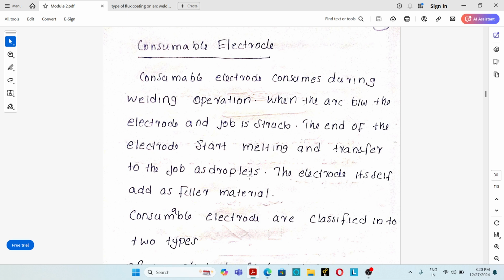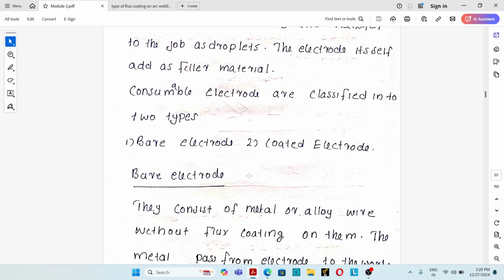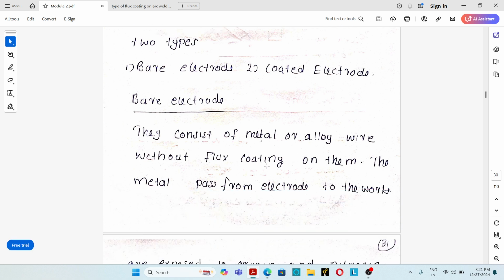That's the importance. Consumable electrodes are classified into two types: bare electrodes and coated electrodes. A bare electrode consists of a metal or alloy wire without a flux coating on it.